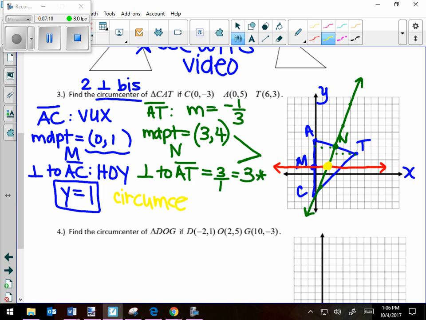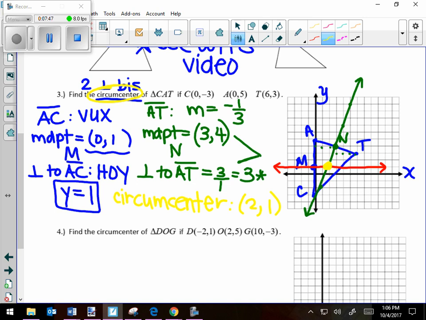So if I am looking for the coordinates of the circumcenter, I look for where my two perpendicular bisectors intersect, and in this case, it is the point 2, 1. That is what they were asking for me to find, was that circumcenter. I go in graphically, find where the perpendicular bisectors are to two of the three sides of the triangle, and then I can go back, find those two's point of intersection, and that will be my circumcenter.